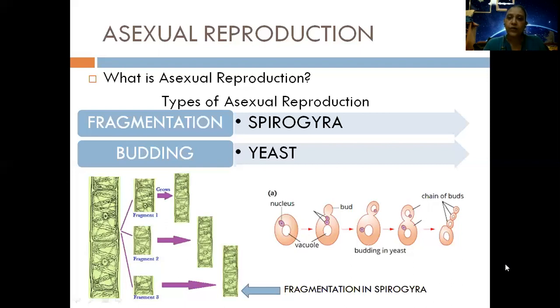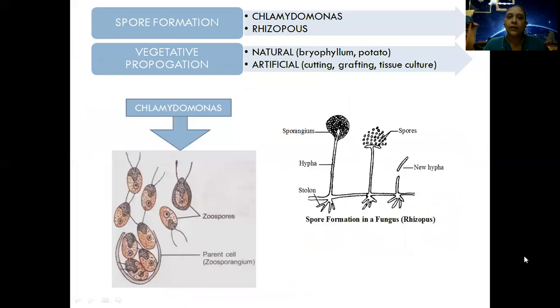Okay, so we go to the next slide. The next slide is spore formation. This is another method of asexual reproduction. Here there are two examples shown: Chlamydomonas and Rhizopus.